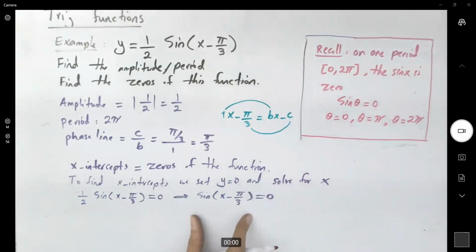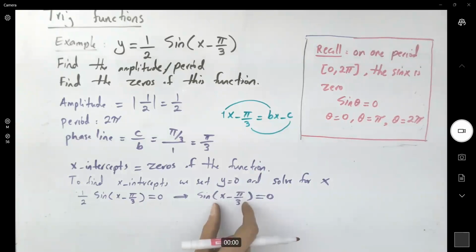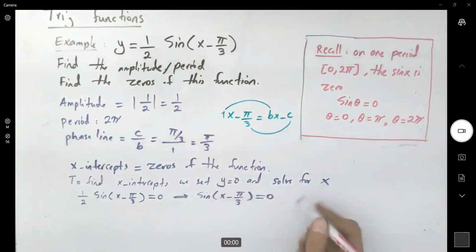Now we are dealing with this guy, sine of x minus pi over 3. And we want to know what are the angles at which this function is equal to 0. Well, you might say that, hey, my very first guess is sine of theta must be equal to 0. So what are you going to do?